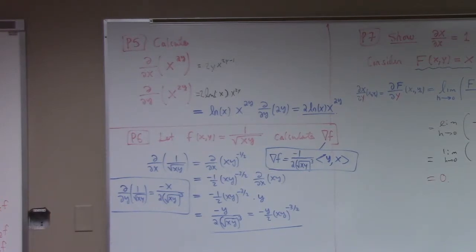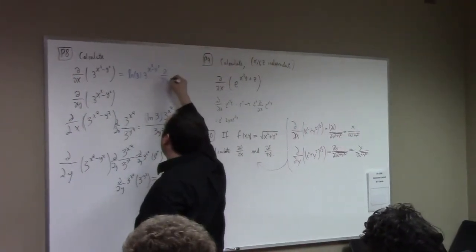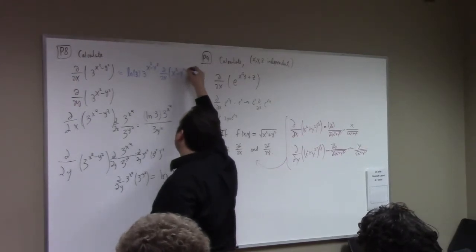I'm just going to have to recreate this one from scratch. So what I would do is say, okay, that is the natural log of 3 times 3 to the x squared minus y squared. And then I partial differentiate with respect to the inside function, like so.